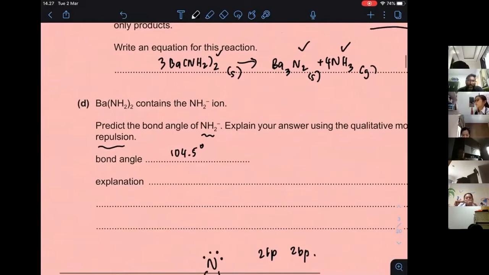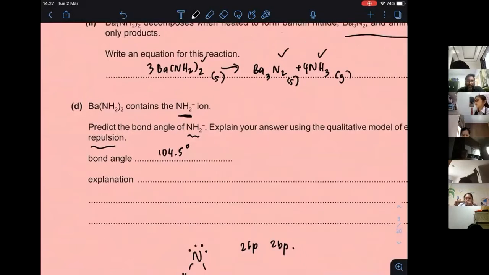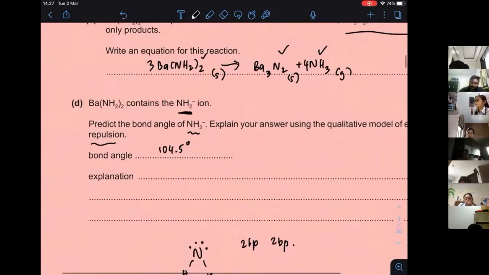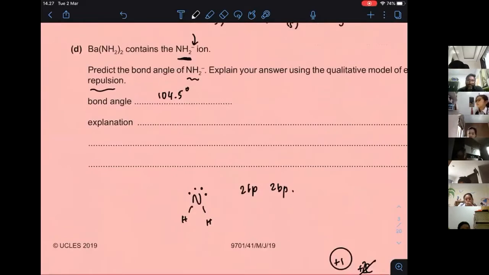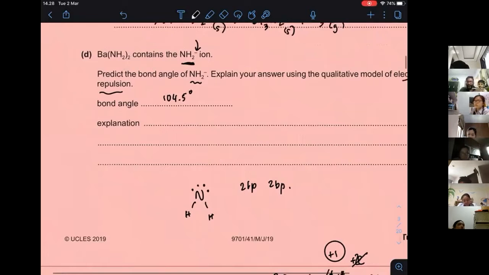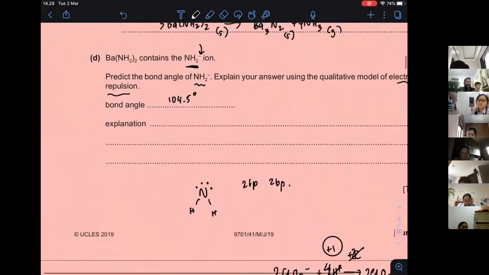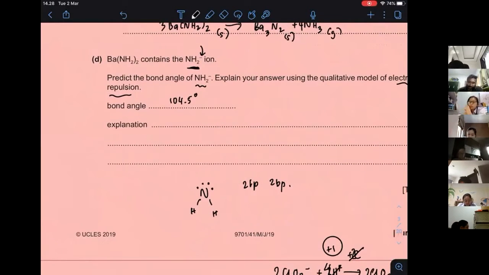Now, the next question is, you have this NH2 minus ion. Do remember nitrogen has 5 valence electrons, but since there's going to be one more electron over here because it's an ion, you are going to have different combinations of lone pair and bonding pair. So when we say predict the bond angle of NH2 minus, explain the answer using this.